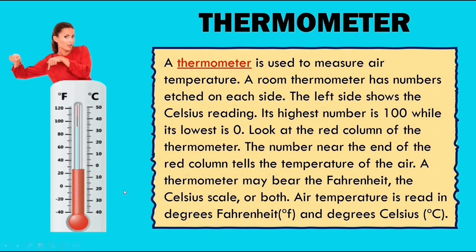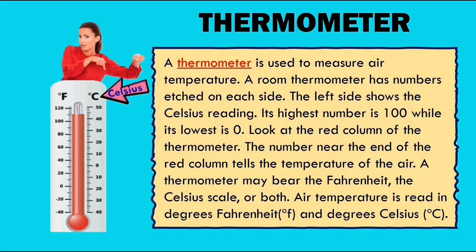Look at the red column of the thermometer. The number near the end of the red column tells the temperature of the air. A thermometer may bear the Fahrenheit scale, the Celsius scale, or both. Air temperature is read in degrees Fahrenheit and degrees Celsius.